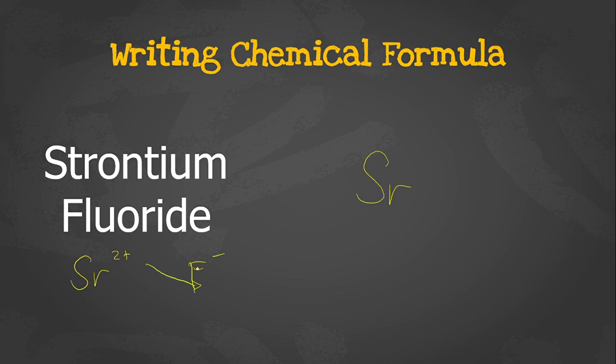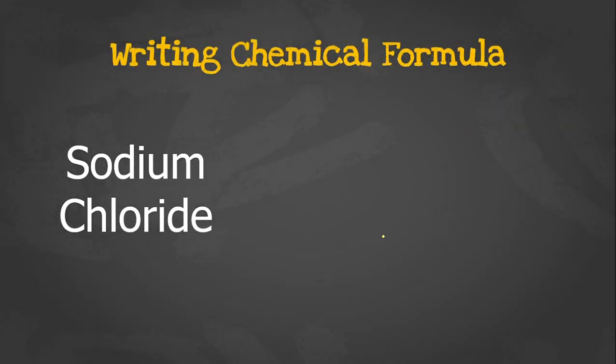Pag criss-cross natin, ayan. So, magkakaroon tayo ngayon ng 2 dito, 1. So, automatic din tayo magsusulat dyan. So, it's SrF2. Another example, sodium chloride. So, it's Na na positive and Cl na negative. Pag pinag-criss-cross natin, tig-1 lang ang kalalabasan. So, it's NaCl.